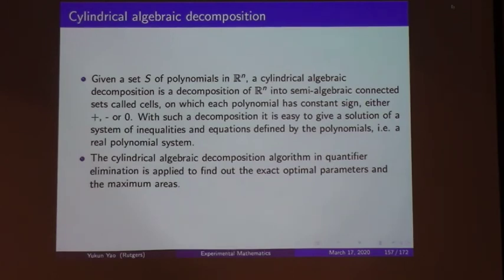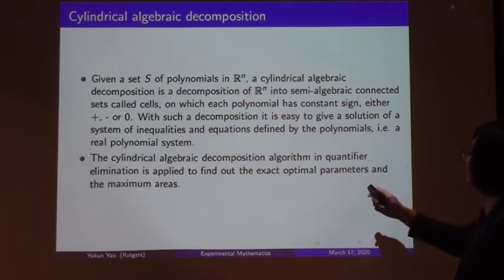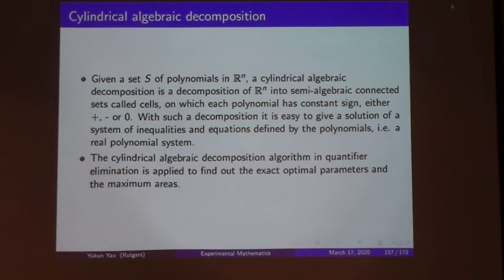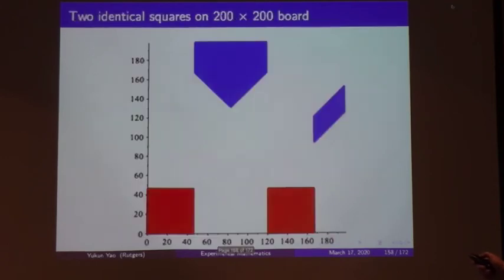So in the next step, we want to consider that the white queens have two components. In this case, we need a cylindrical algebraic decomposition because we can use it to find out the exact optimal parameters and the maximum areas. So say, what if there are two identical squares for white queens?